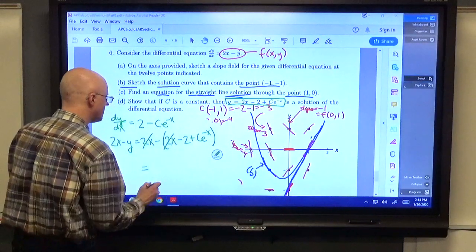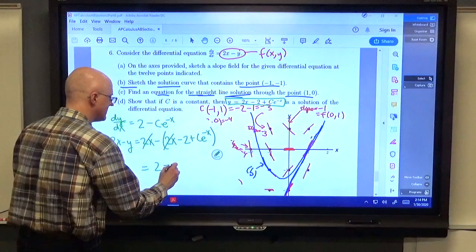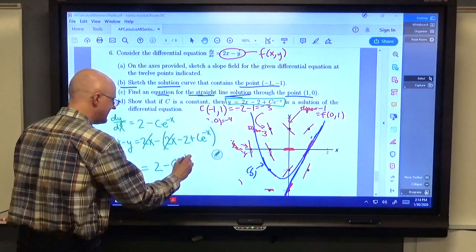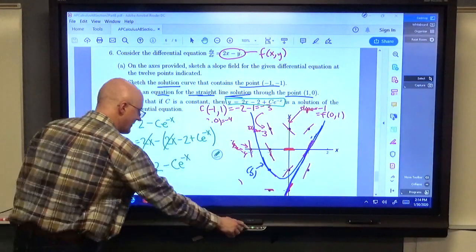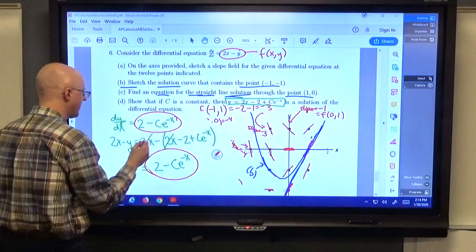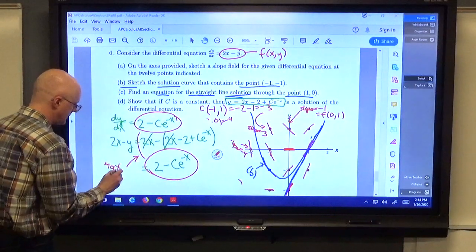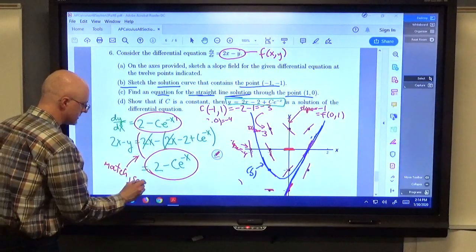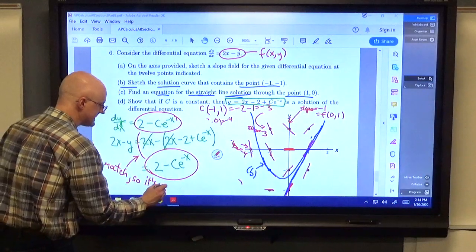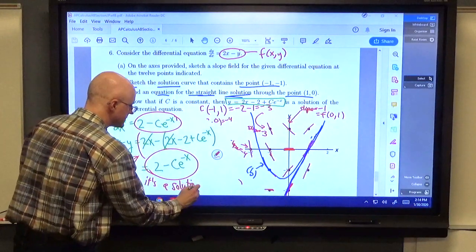Gives you plus 2 minus c e to the negative x gives you minus c e to the negative x. And we have a match. This matches this. They match. So it's a solution no matter what c is. It's a solution for any c.